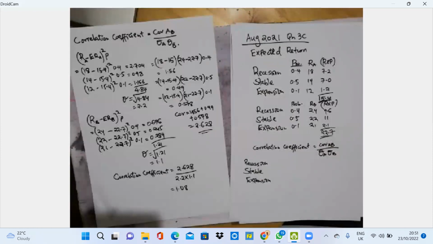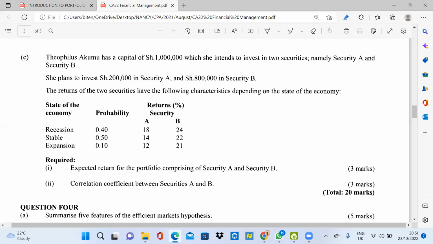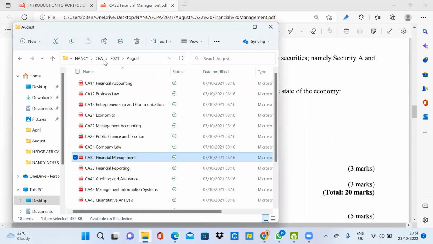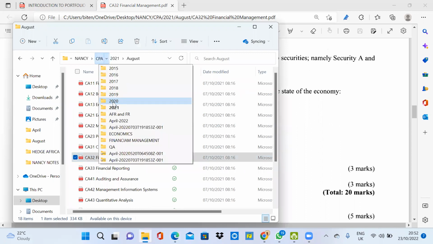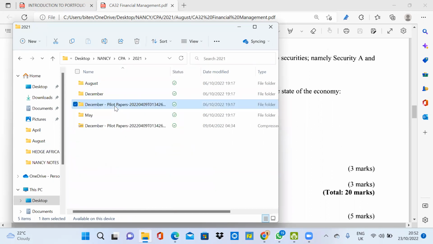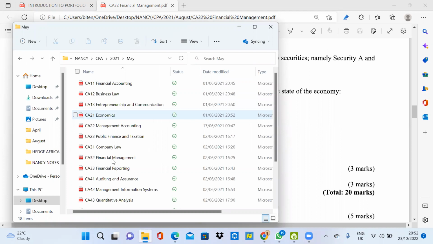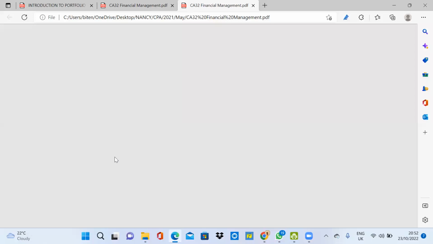Yeah, and that's what you are required to get the 6 marks. We can do one last question before our class finishes. Let us do May 2021.